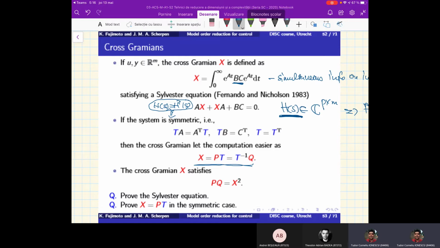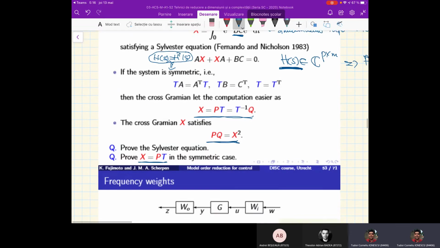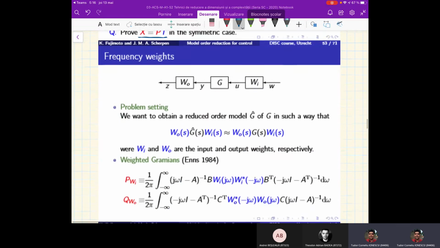And please note that in the symmetric case, we have this very important relation: the product of the controllability and observability Gramians, PQ, is the square of the matrix S. You can prove it using the Sylvester equation. That's not difficult using the definition of X. You can also prove this relation in the symmetric case. It's not difficult.